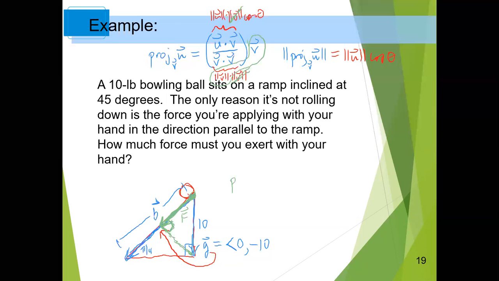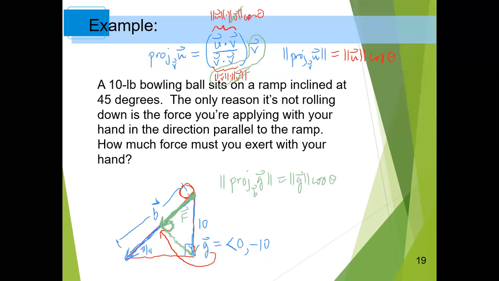So what is the projection? What is the length of the projection of G onto B? Isn't it just going to be the length of G times cosine of the angle between these things?